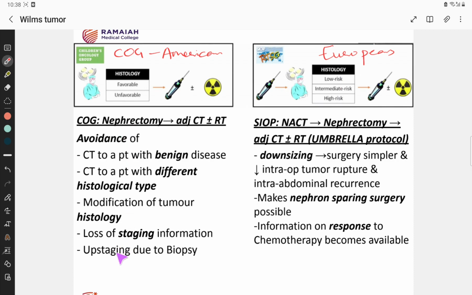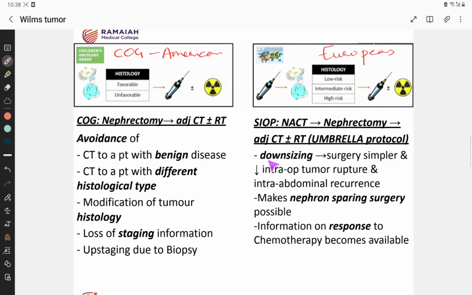In Wilms tumor, we avoid biopsy because of the risk of tumor spillage, and it can upstage the tumor. So upstaging due to the biopsy can be avoided in the COG protocol.